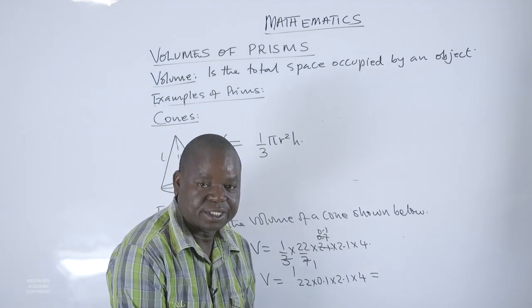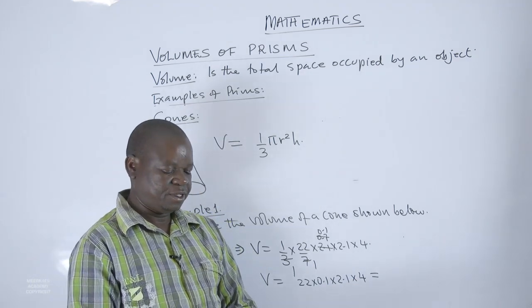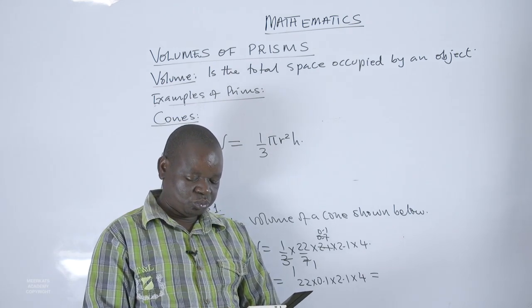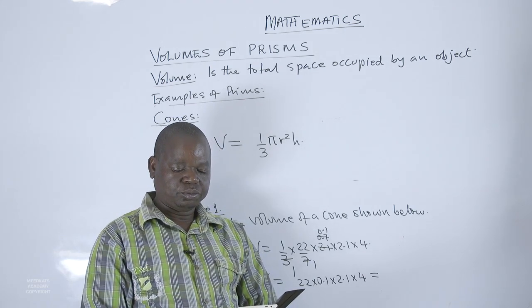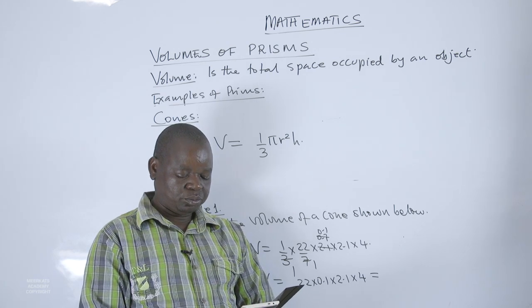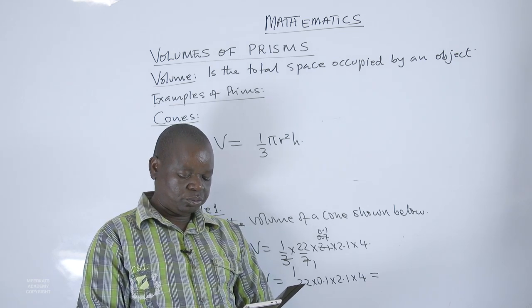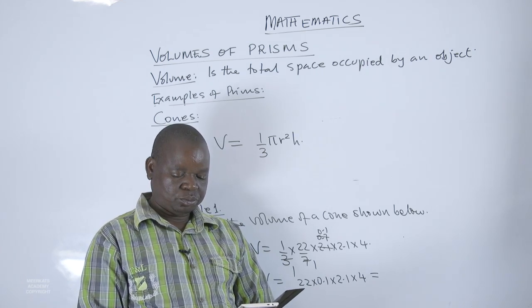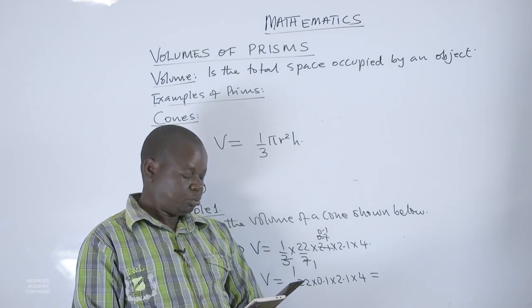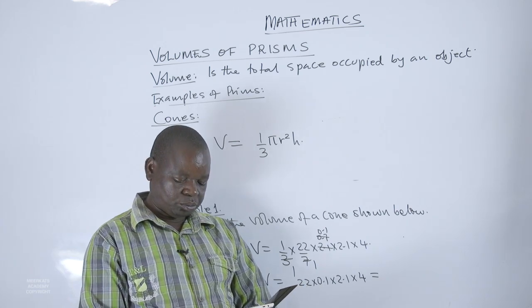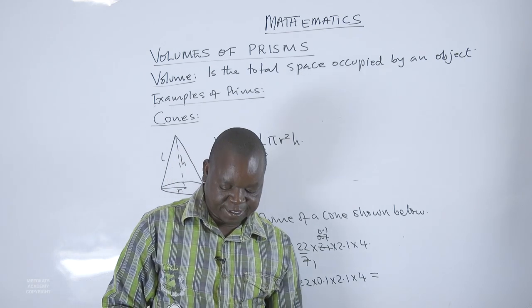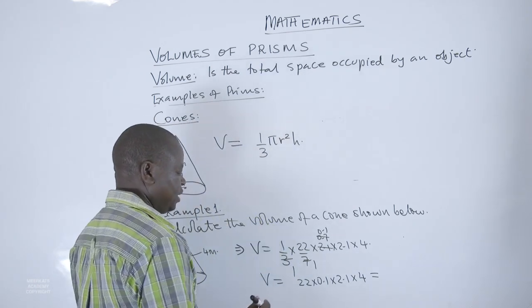Let's see what the answer gives us on our calculators. So you get 18.48 meters cubed.